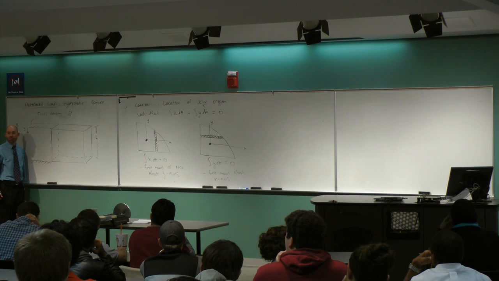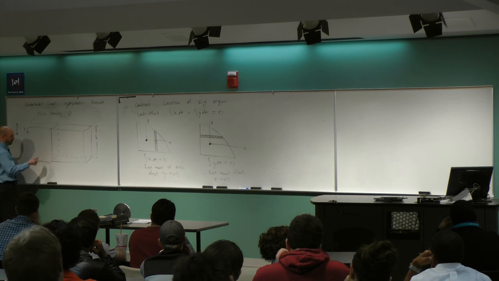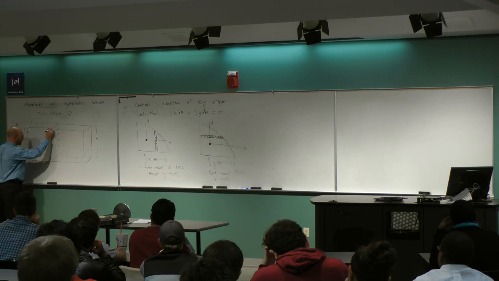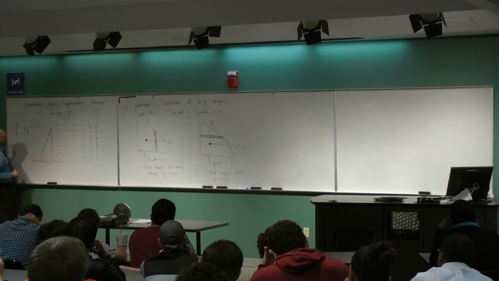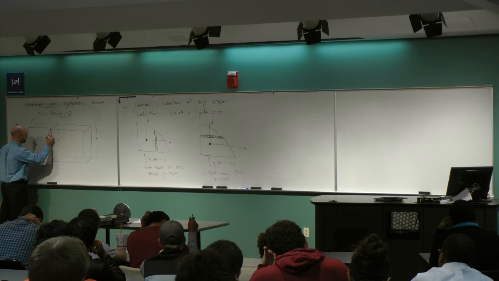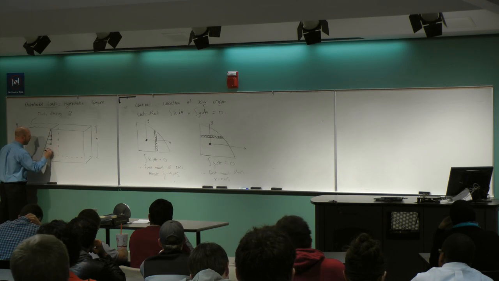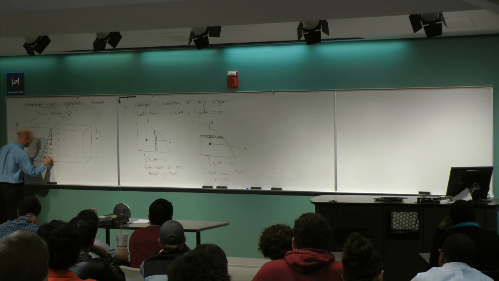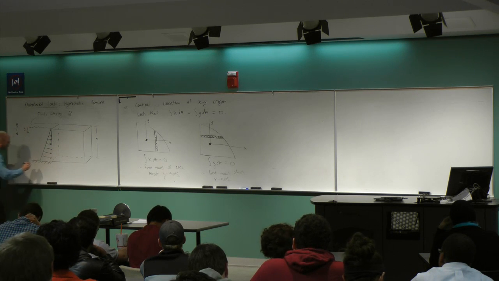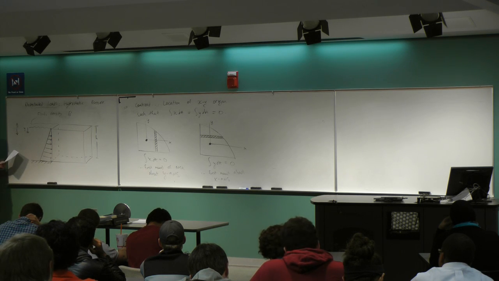It'd be rho g times y. When y is h, it'd be rho g h. So you get a linearly varying pressure: the deeper I go, the more pressure I have acting on the wall, all the way down to the bottom.